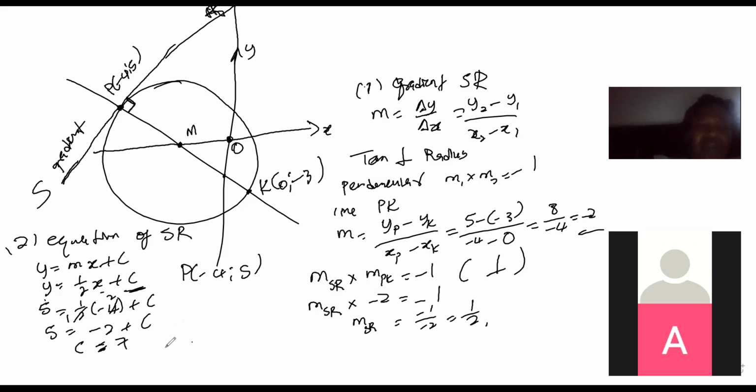Can you see now, therefore, the equation of line SR is going to be y = 1/2 x plus 7. Okay, so that is that. Now let's go back to, let me see what else they asked. So after getting the equation of the line, they're asking you to determine the equation of the circle in the form of (x minus a) squared plus (y minus b) squared equals r squared.